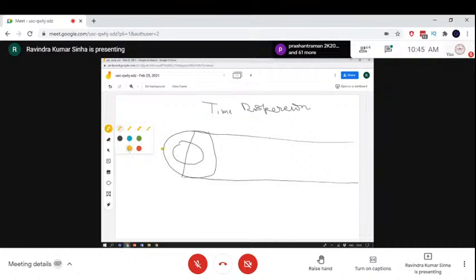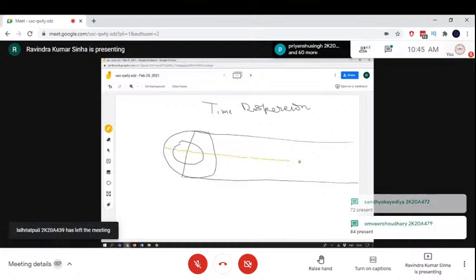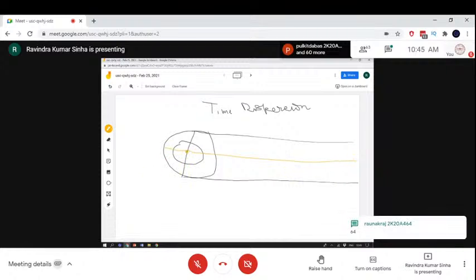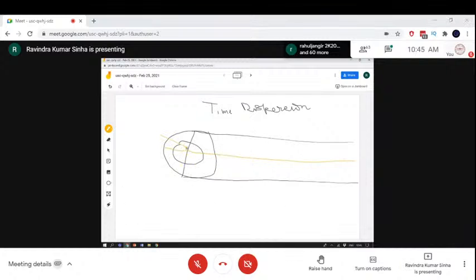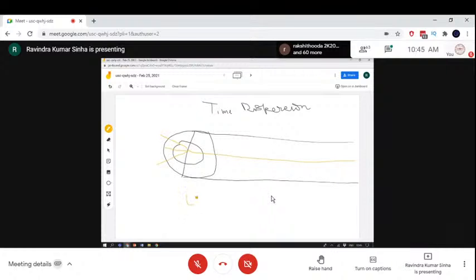One will be a light ray along the axis. So that is going like this, and from here I am measuring the distance. Any light wave which we have launched like this, some portion will go along the axis. So along the axis, for L length of the optical fiber, how much time will they take to travel?